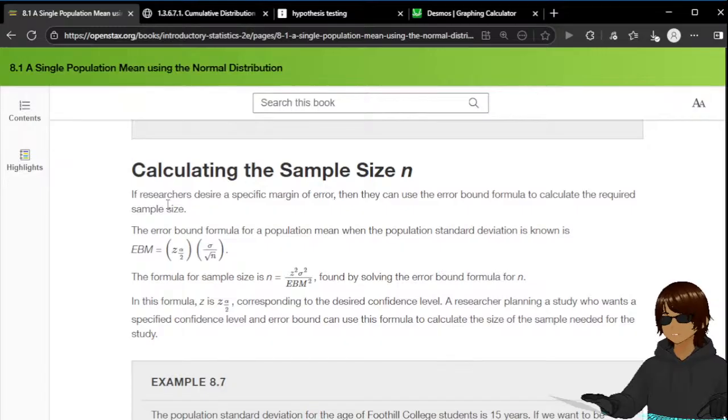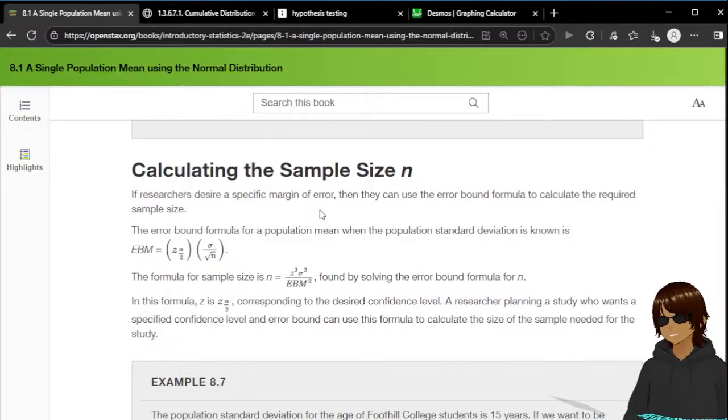If researchers desire a specific margin of error, then they can use the error bound formula to calculate the required sample size. The error bound formula for the population mean when the population standard deviation is known is EBM = z times sigma over root n, where sigma is the population standard deviation.